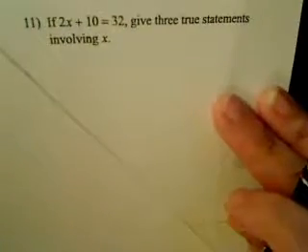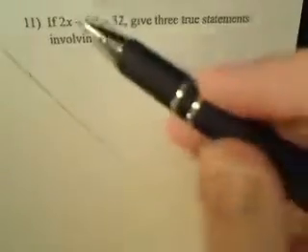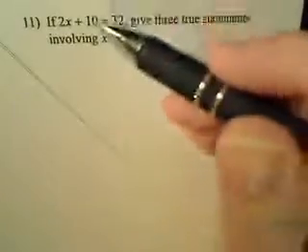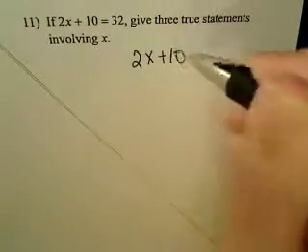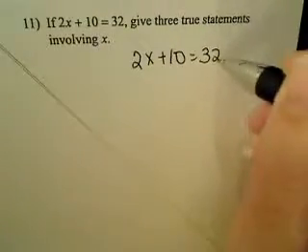Okay, so for this particular problem, you are just going to do the inverse. We're going to do the inverse of this, and we're going to do 2x plus 10 equals 32.